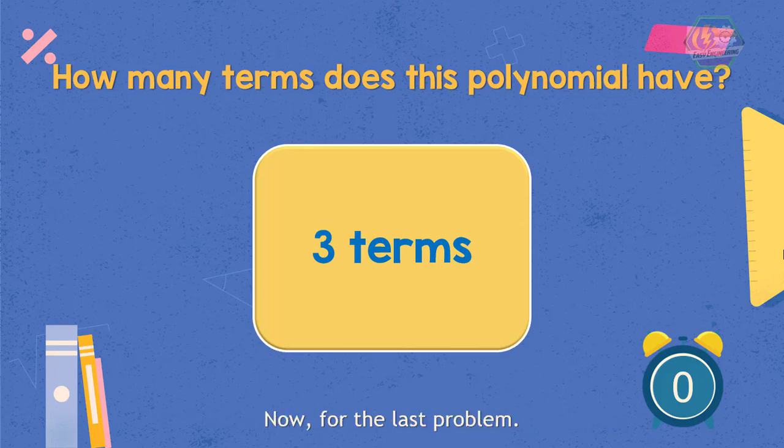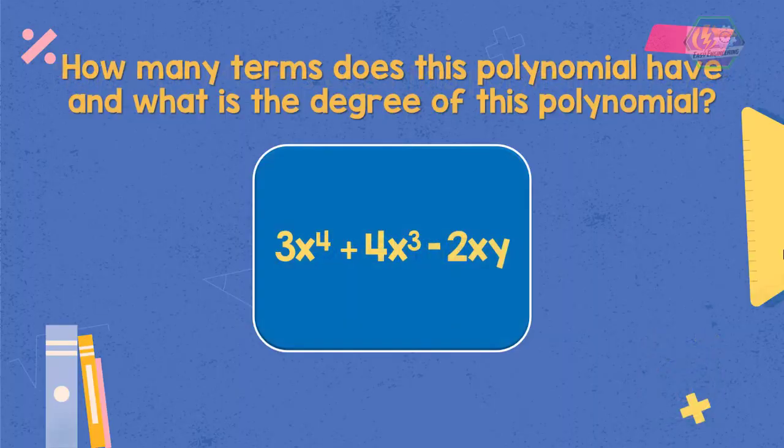Now for the last problem. How many terms does this polynomial have? And what is the degree of this polynomial? 3x to the power of 4 plus 4x cubed minus 2xy.